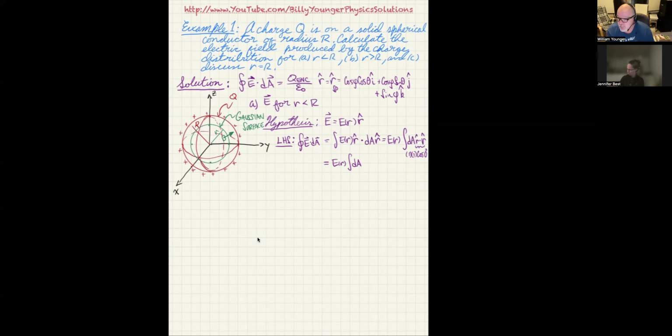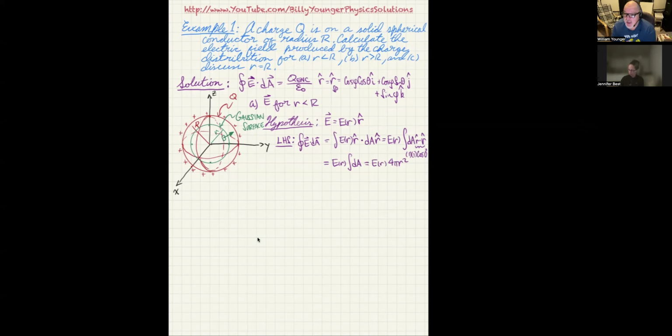That means, guess what? We just need the area for the surface of a sphere, which happens to be, and I'm sure you'll have this memorized by the time you get tested on this, just going to be 4 pi r squared. So now I have E of R times 4 pi r squared. This is also what I reminded everybody at the beginning of the video before you got here, Jen.